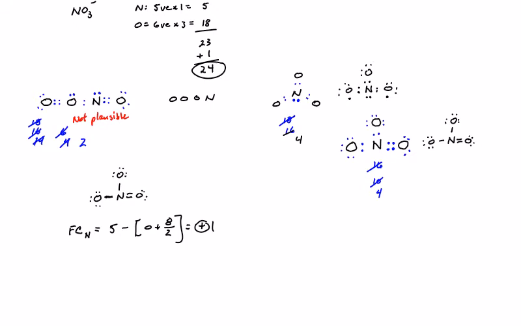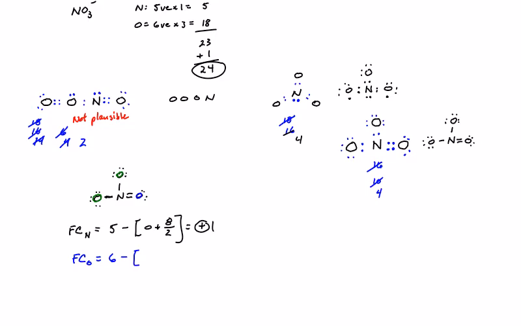Now, I can already tell you that this oxygen and this oxygen are going to be equivalent to one another. They have the same number of bonding electrons and the same number of non-bonding electrons. But this guy over here is going to be different. So let's first do the formal charge calculation on the blue one. This oxygen should have 6 valence electrons.